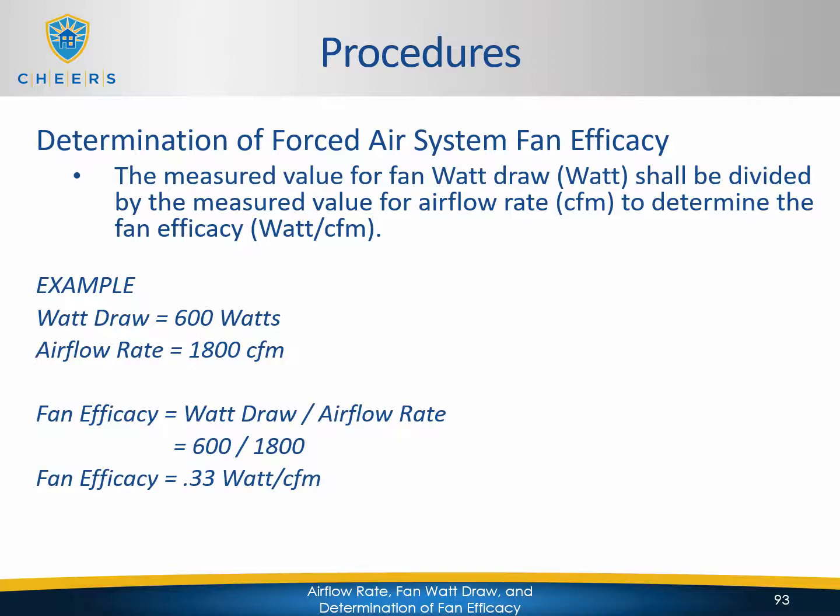So in this particular case, it's 0.33. In this particular scenario, if 0.58 was the target and 0.33 is the actual measure of fan watt draw, that would be a pass. Now keep in mind that 0.58 is the default and is the prescriptive standard. Nonetheless, the number could be different. So always refer to your CF1R applicable to your project for this target number.